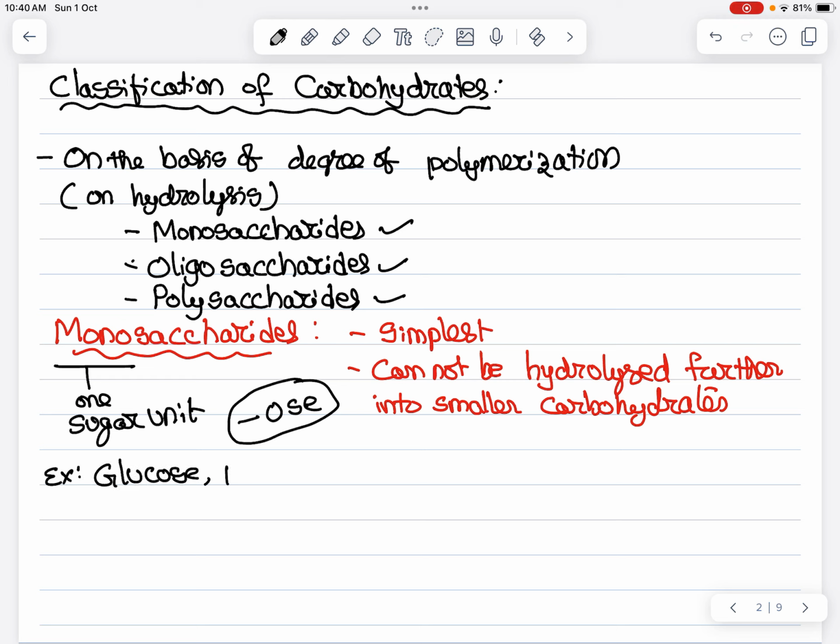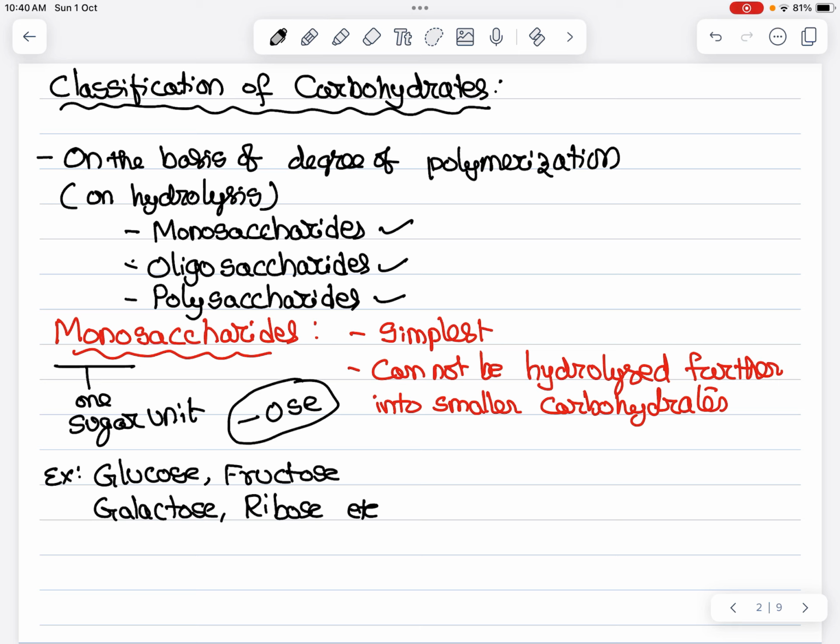Glucose, fructose, galactose, ribose, etc. Glucose is also known as dextrose. Fructose is also known as lactose.